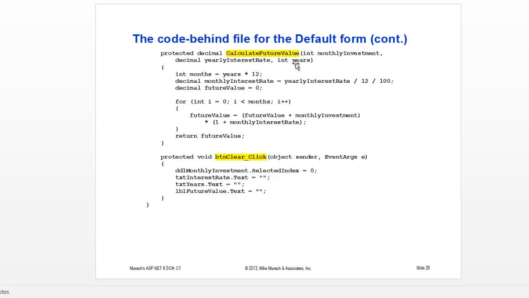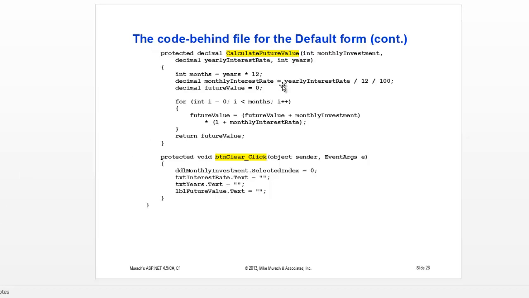Okay, so you've got CalculateFutureValue. This is a protected method that actually calculates the value. So you've got the information being passed in here, and then it goes through and it actually returns the future value ultimately. So pay very close attention to the syntax, especially if you're not familiar with C#.